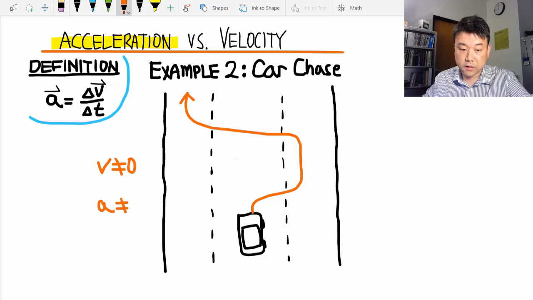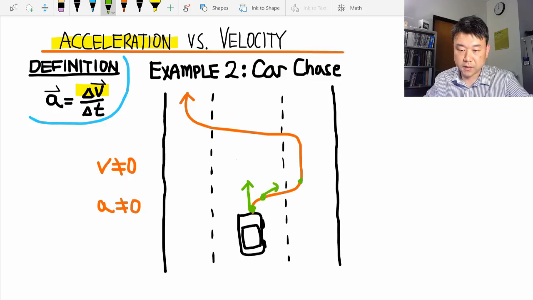either because the velocity is constantly changing, and acceleration is given by change of velocity. So as the velocity of the car changes, you have this non-zero acceleration. So for example, at this point, the car had a velocity like this, and at this point, the car has a velocity like this.